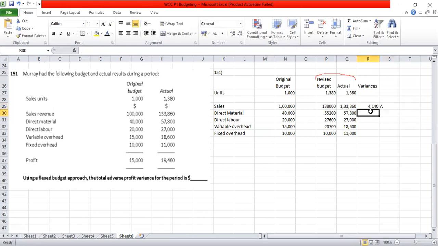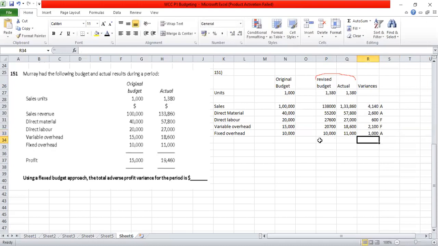Next, this is also adverse because actual cost is more than the budgeted cost. Next, we have favorable 600. This is also favorable because actual cost is less than the budgeted cost. This is 1000 adverse.